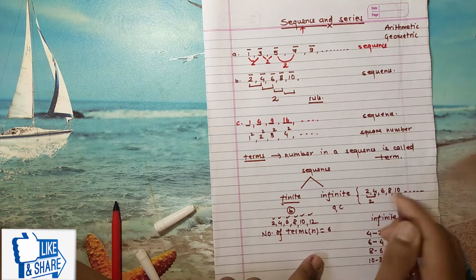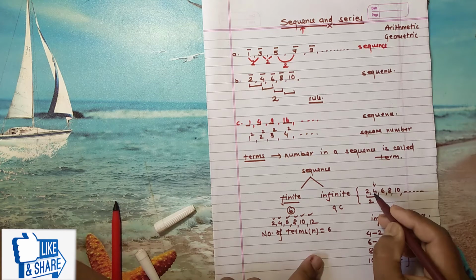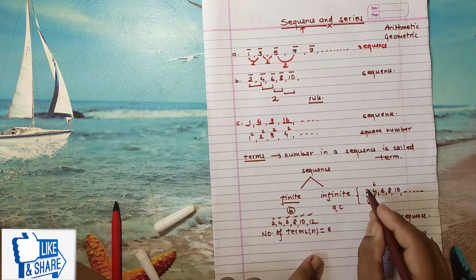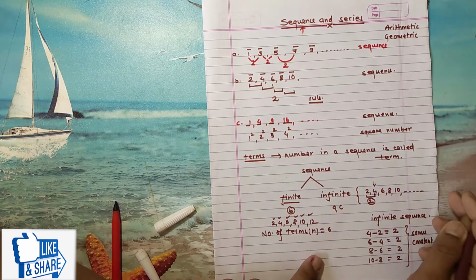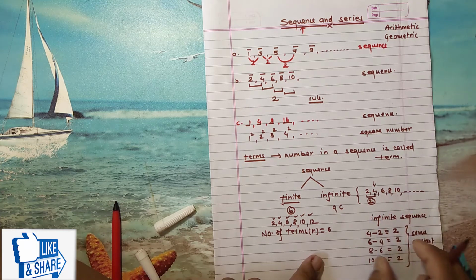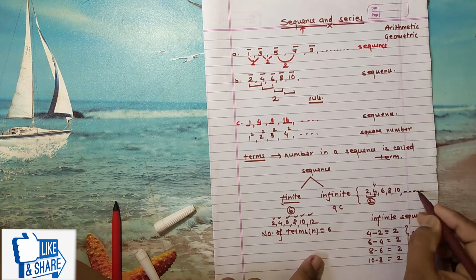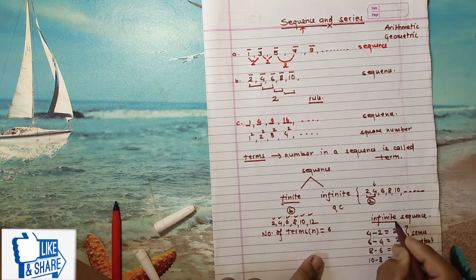So that means each new successive term we obtain by adding a constant number 2 to its previous term. In this way we are getting any successive number. So we call it a sequence. And here the number of terms are not fixed, not defined, so it became an infinite sequence.